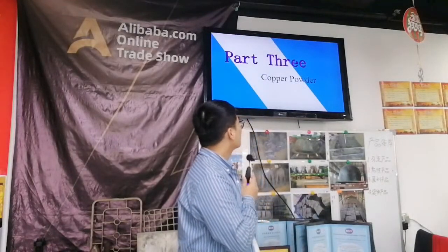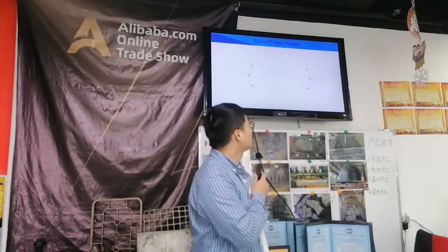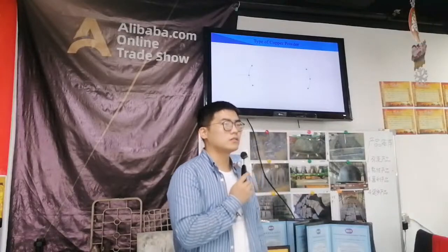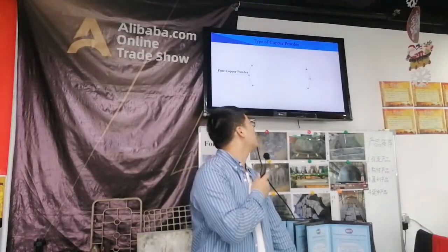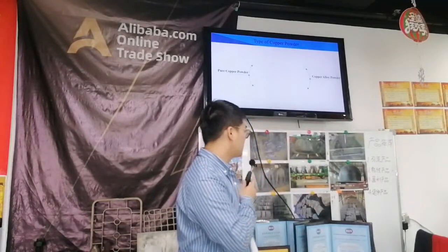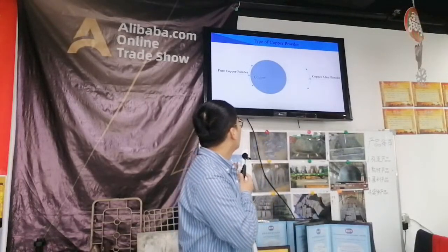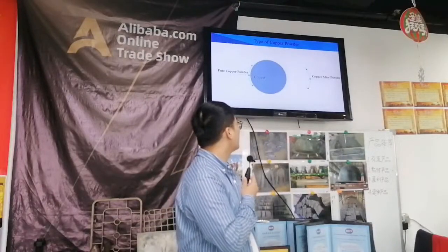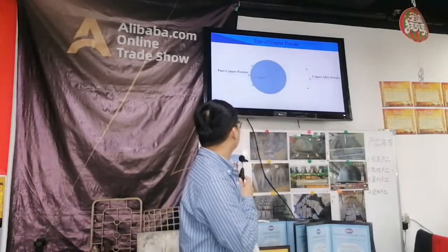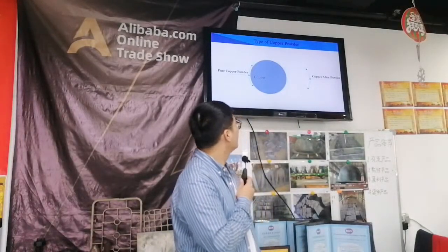And the third part is copper powders. Do you know there are two main types of the copper powders? The first is the pure copper powders, and another is the copper anode powders. The pure copper powders, as we know, their main element is copper, and the copper takes up more than 99%.